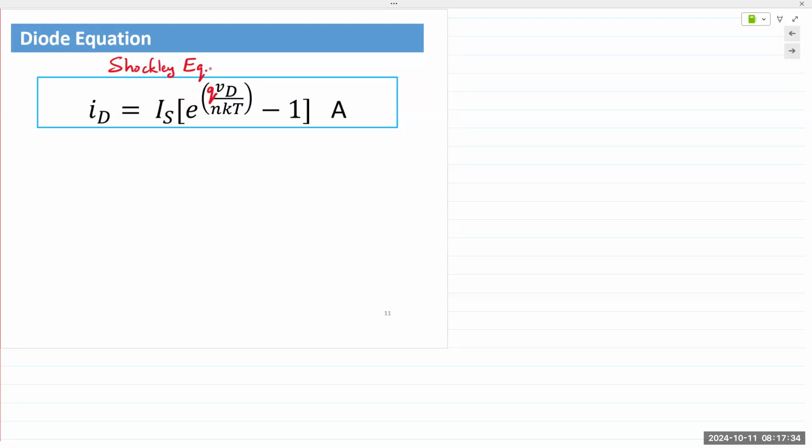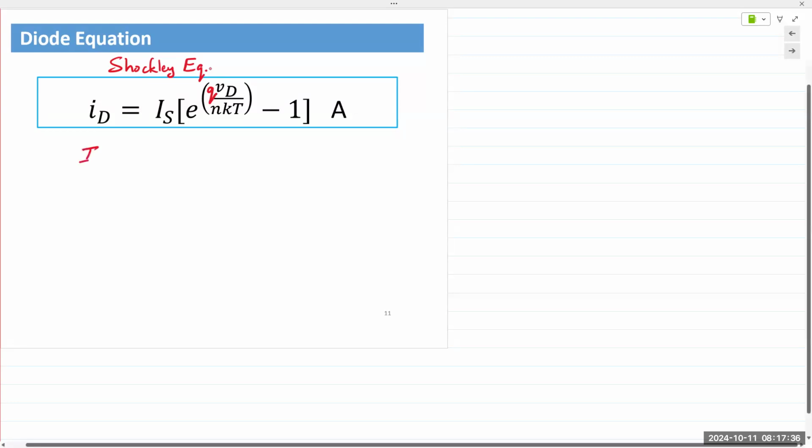In this equation, we use IS, saturation current. Let me slow down and write better. Q is, of course, the charge, standard unit charge. VD is the diode voltage.